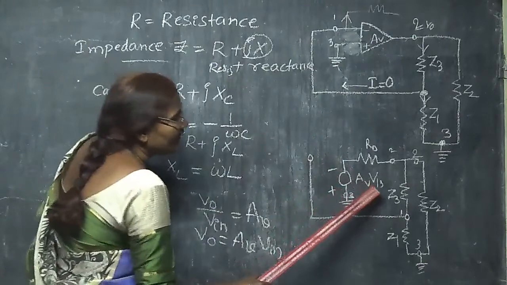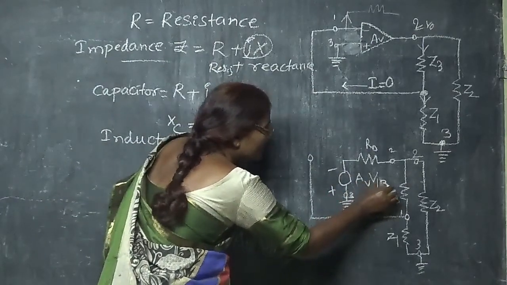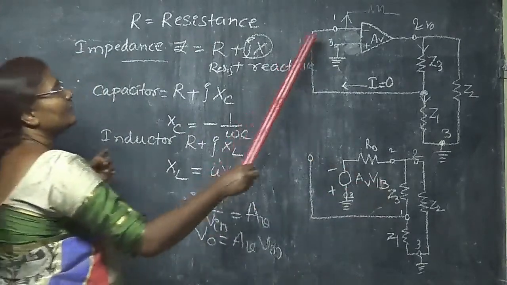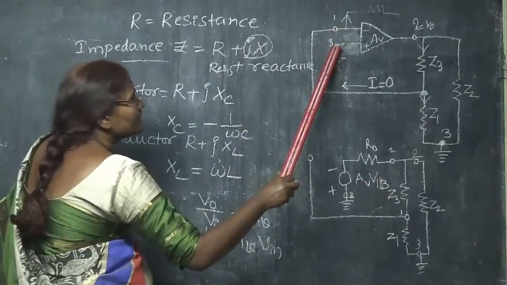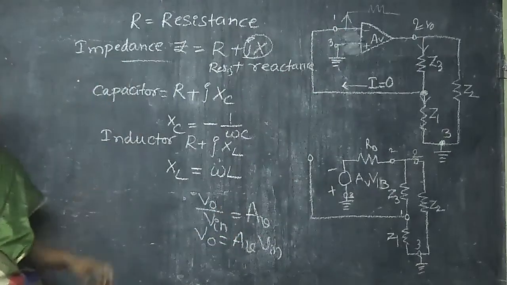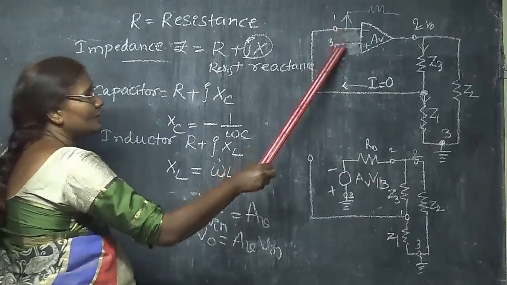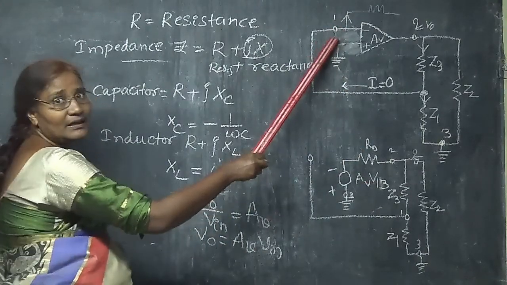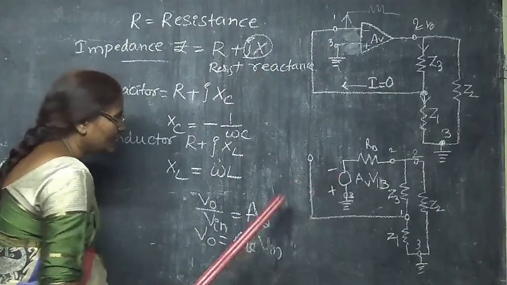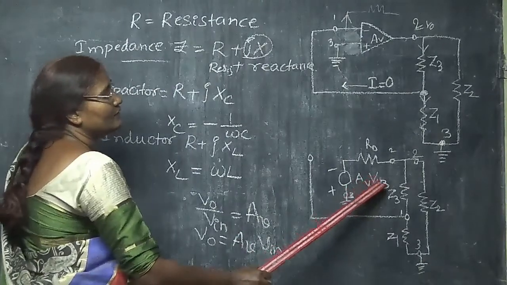Actually, we have to write Vn here, but what we wrote here is V13. What does this V13 represent? V13 represents the voltage across the first and third terminals, which is nothing but the input voltage. So instead of AV into Vin, I can write AV into V13.